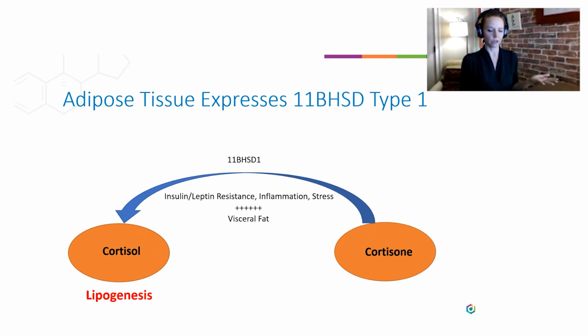With fatty liver, we're interested in the fat. The adipose tissue expresses the type 1 form of 11-beta-HSD. And the things that drive this enzyme activity up are insulin and leptin resistance, inflammation, and stress.